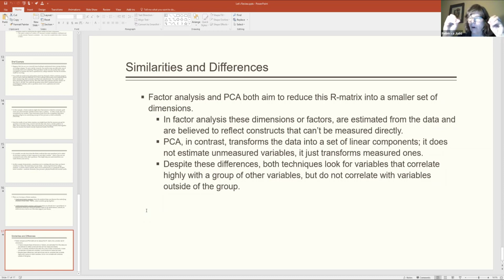That will become clearer as we get more in depth into this. But they do both look for the variables to correlate highly with a group of other variables. If the variables aren't correlating, then you need separate measures. If they're correlating and they're highly correlated, then you can reduce those measures and you can get the same answer, the same definitive response from fewer questions.